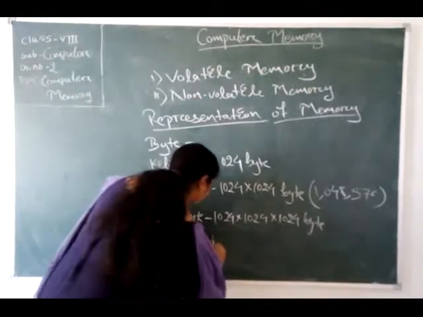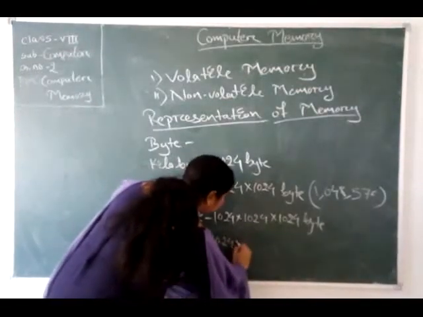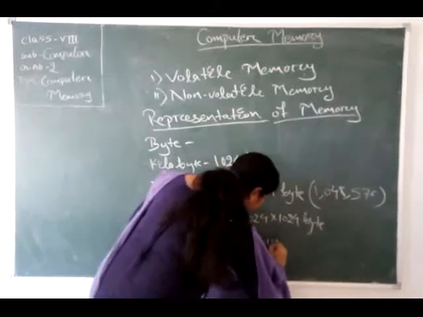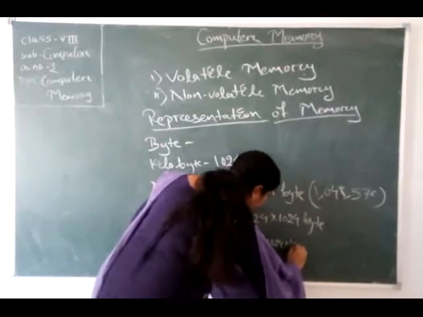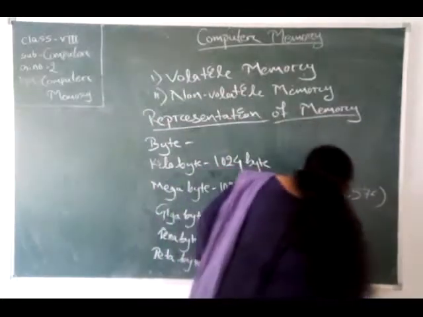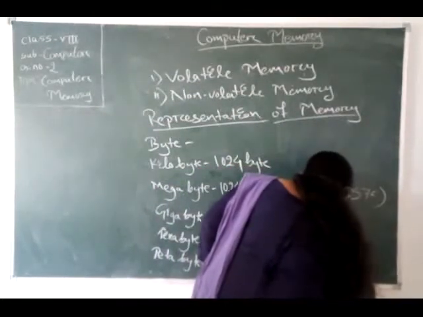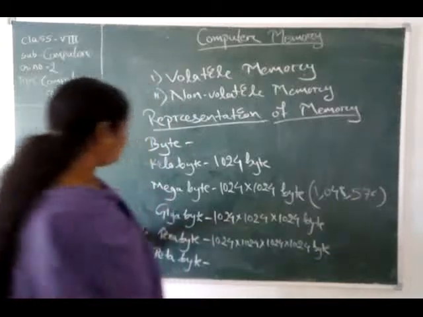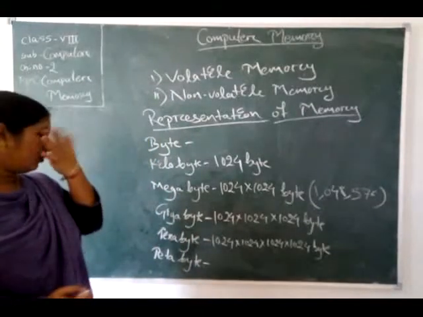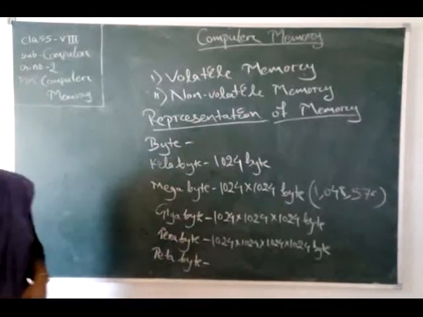And a terabyte is 4 times we have to multiply 1024, meaning 4 kilobytes is 1 terabyte.